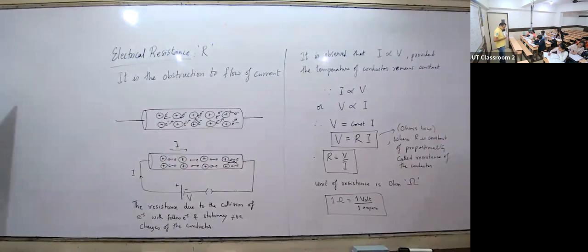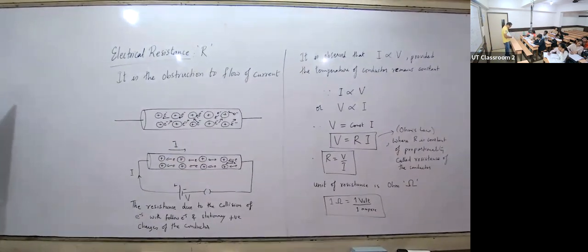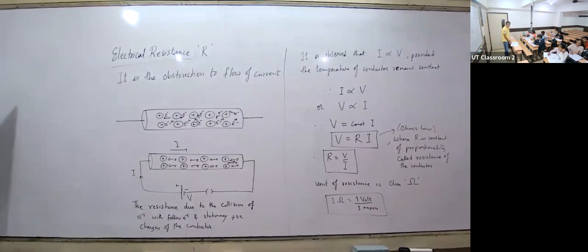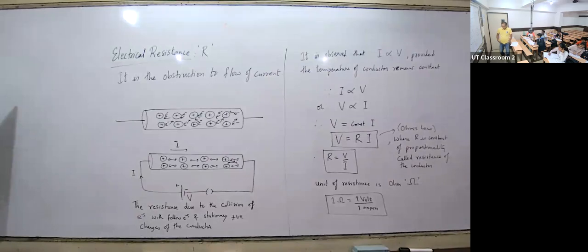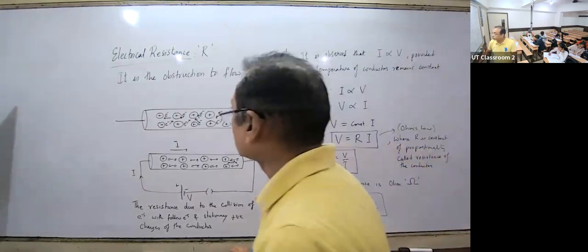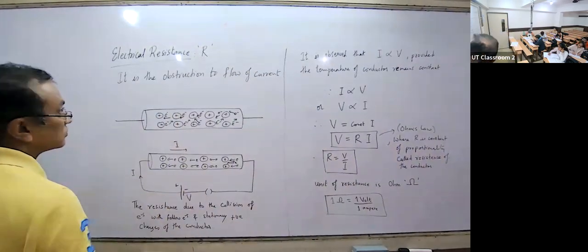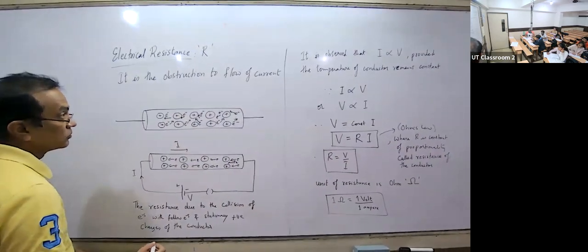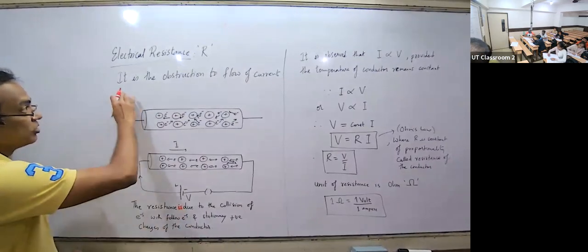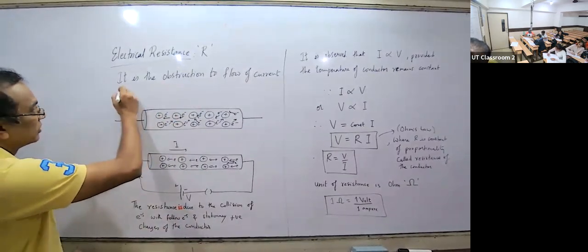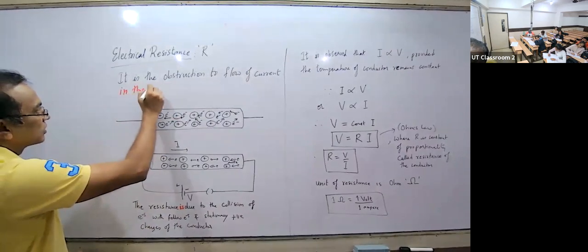Repeat these two words. It is the obstruction to flow of current in the conductor.